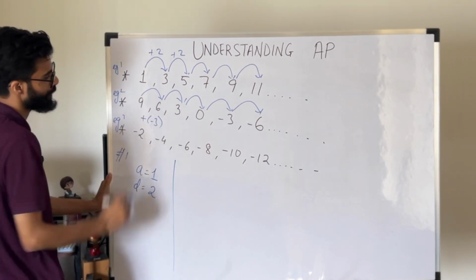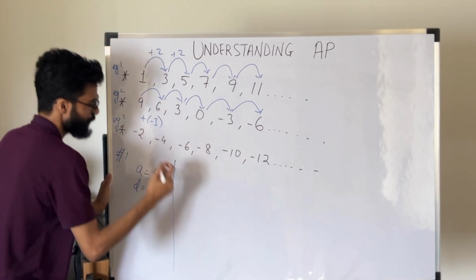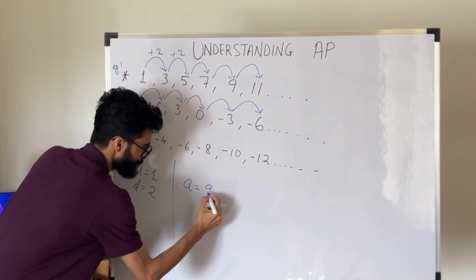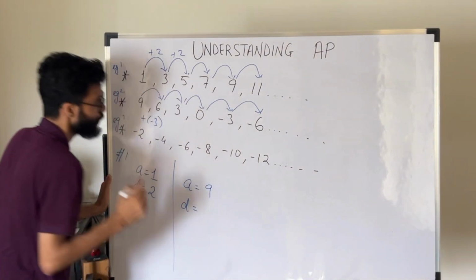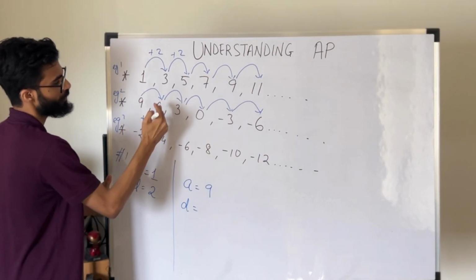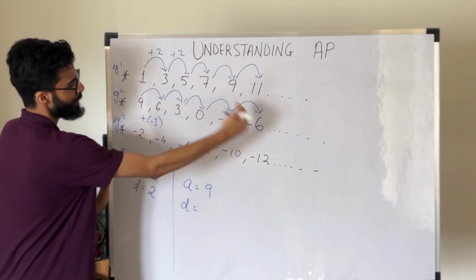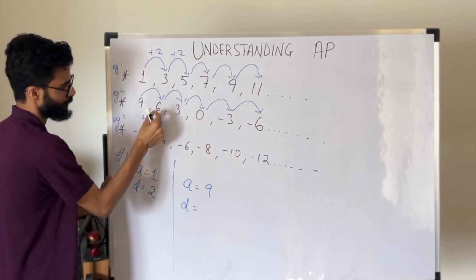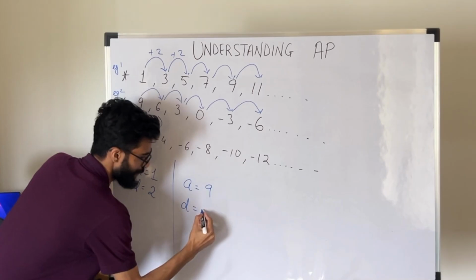For the second example, I can clearly see the first term of my series is 9, and the common difference, I will always do higher term minus lower term, या फिर the term which comes in a higher position minus term which comes before it. So 6 minus 9 is minus 3.